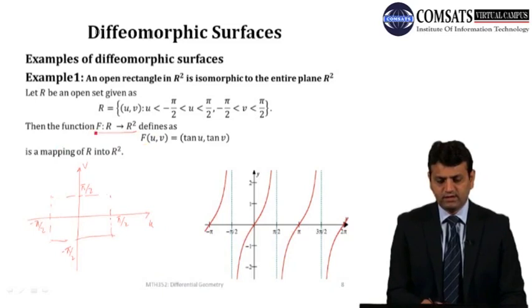Then the function f from R to R2 defined as f(u,v) = (tan u, tan v) is a mapping of R into R2.